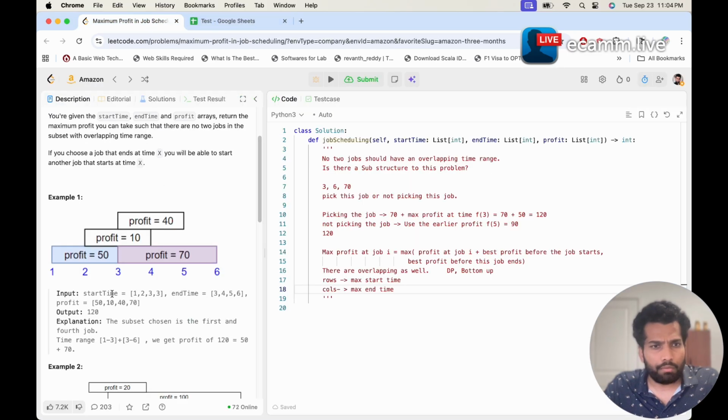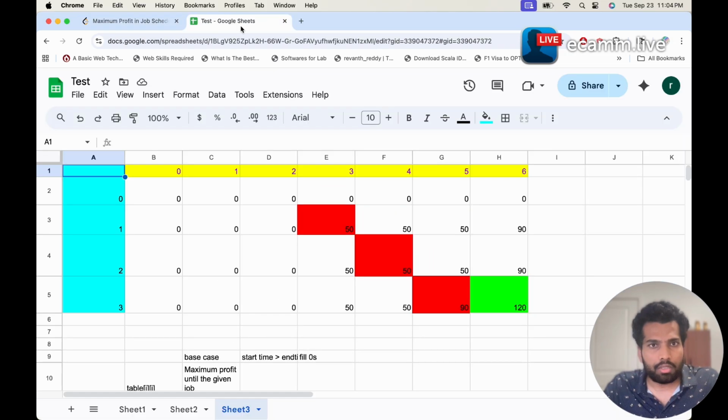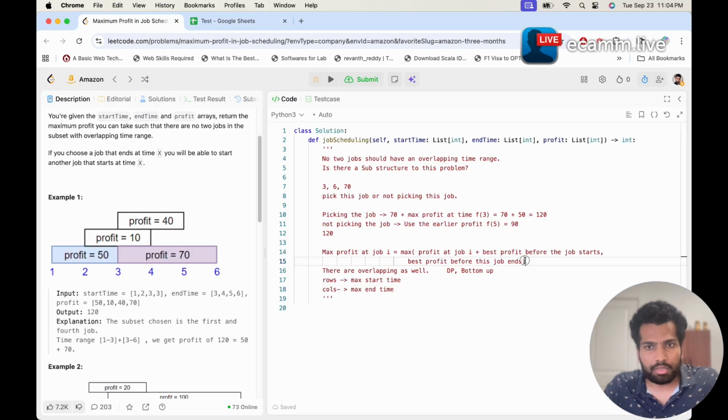So let's see, if the maximum start time is 3 and the end time is 6, and we build this grid and place these values in the relevant cells, by applying this equation here.